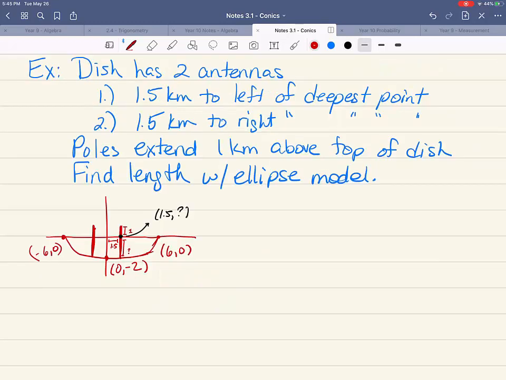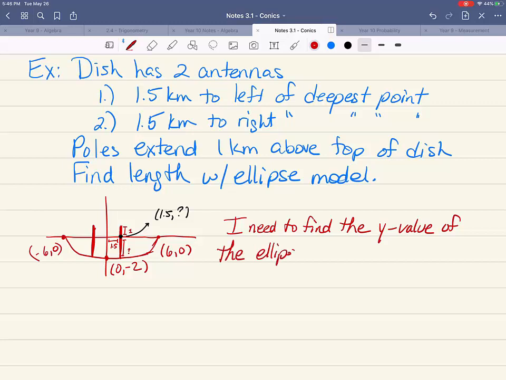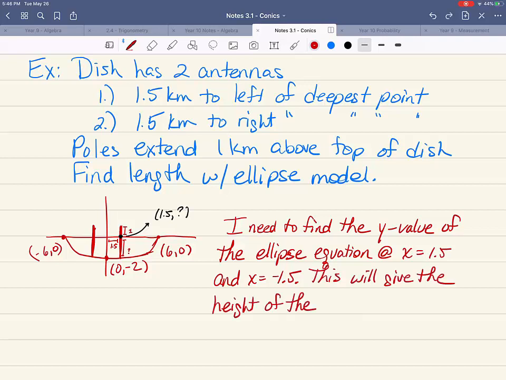So what I need to do is summarize what I'm going to be doing here. I need to find the y value of the ellipse equation at x equals 1.5 and x equals negative 1.5. This will give the height of the antenna in the dish.